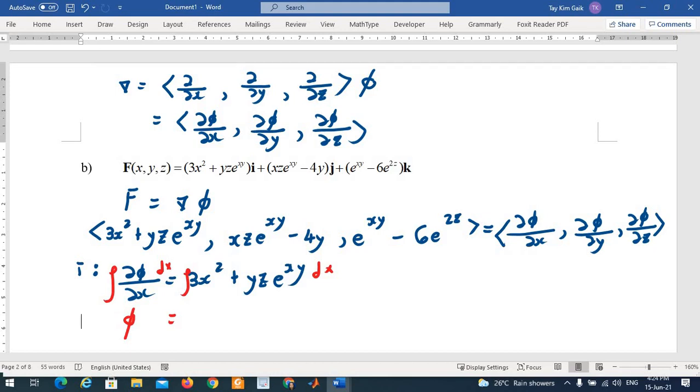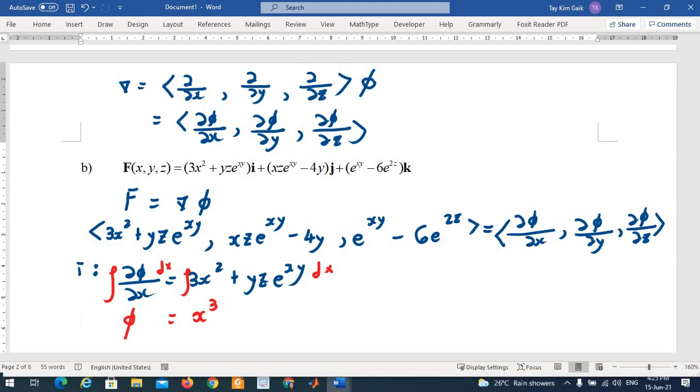Okay, so integrate 3x squared plus yz e^(xy) dx, where y and z are constant. Integrating 3x squared with respect to x, you have 3x cubed divided by 3, so cancel 3 and 3, you get x cubed.